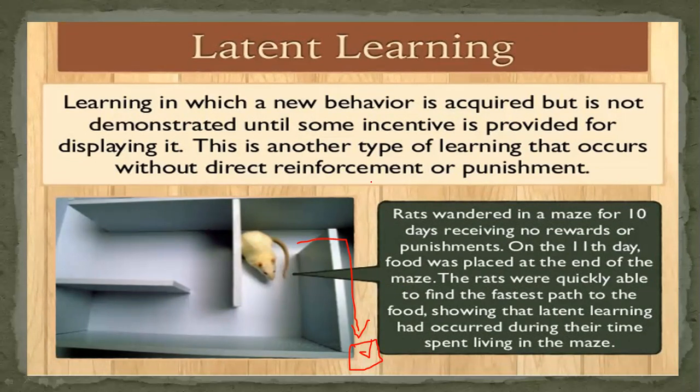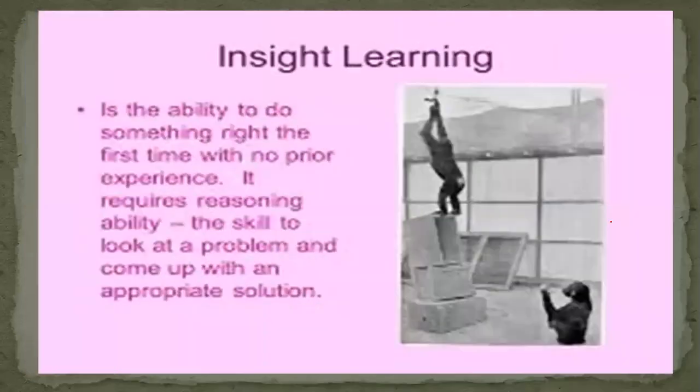If we have to move to any place and we don't know the paths, we move here and there, and we take too much time to reach there. But once we go to that place a second time, we will move quickly to that place within no time. That is actually latent learning.